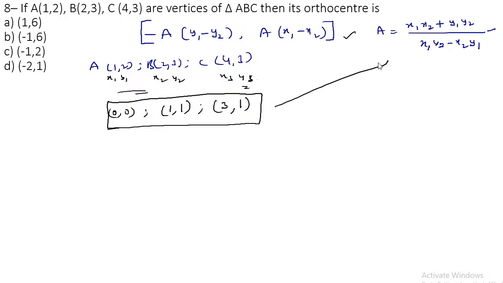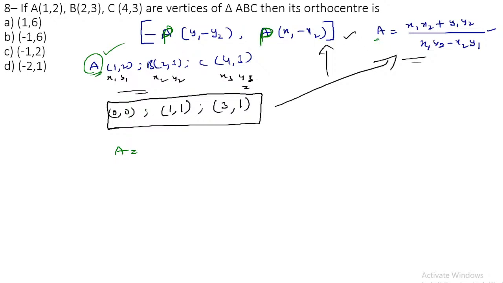Now we have to use this formula. Let us find what a is. You can just consider this as P, because we took the vertex of triangle ABC as A, so you might get confused between this A and this A.